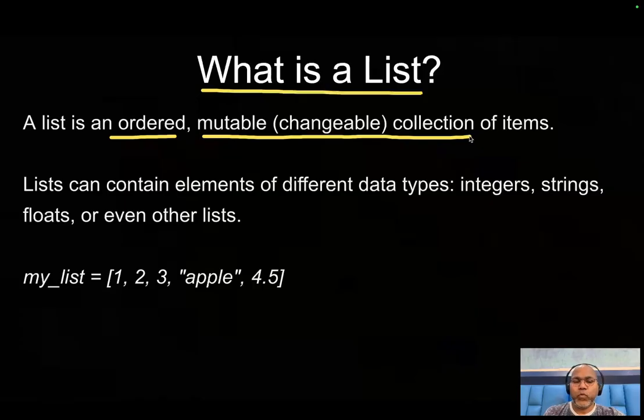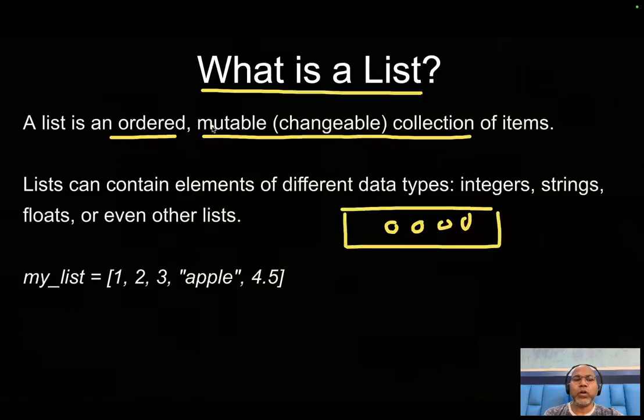That means whenever you are going to work on a collection of elements, the list maintains your order. This is an ordered collection, and this collection is mutable. That means whatever elements you are storing here, you can modify and change.